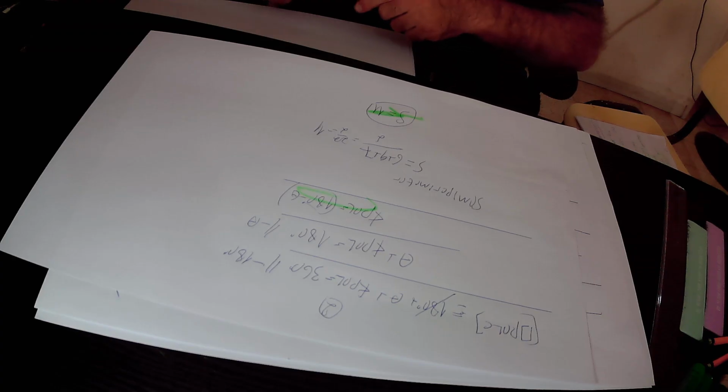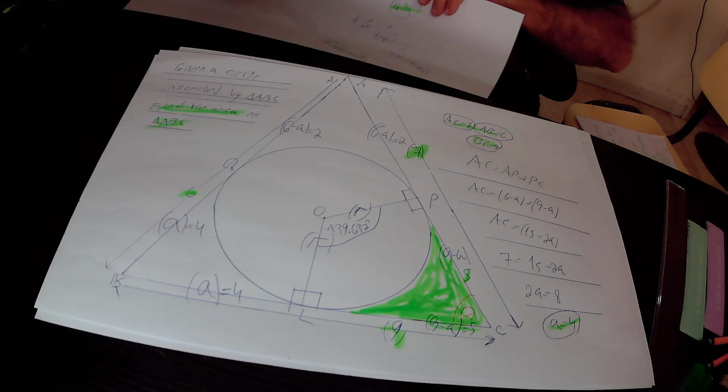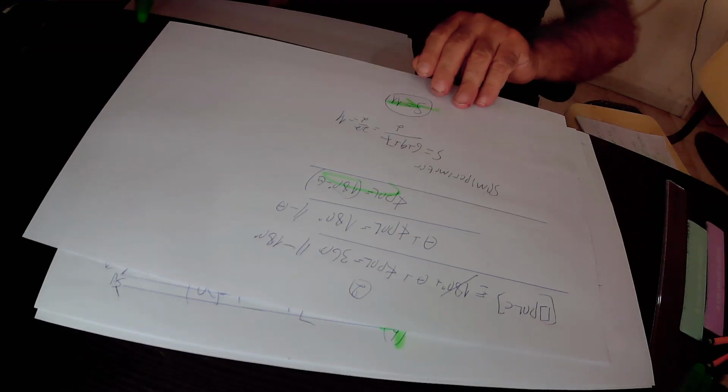In the next step, we will find the area of this triangle ABC according to a special formula.